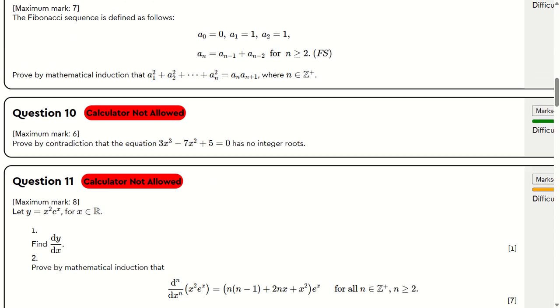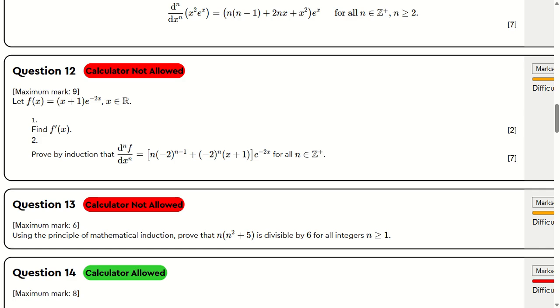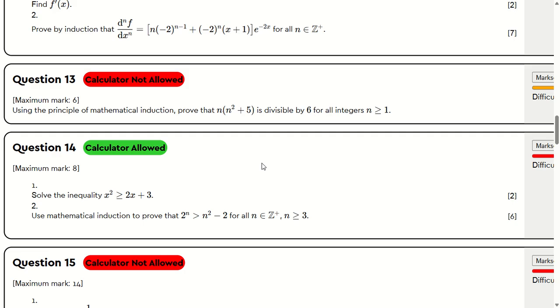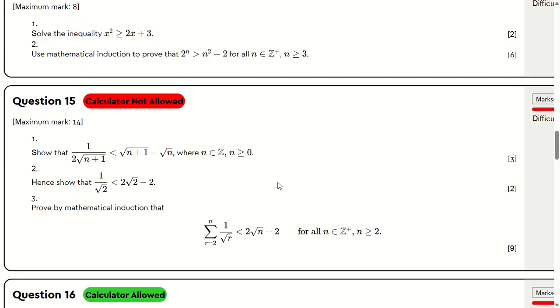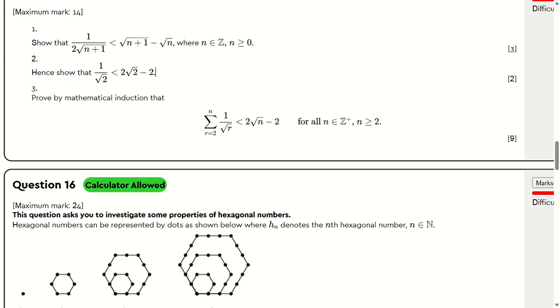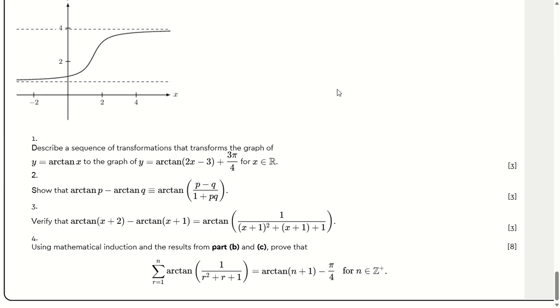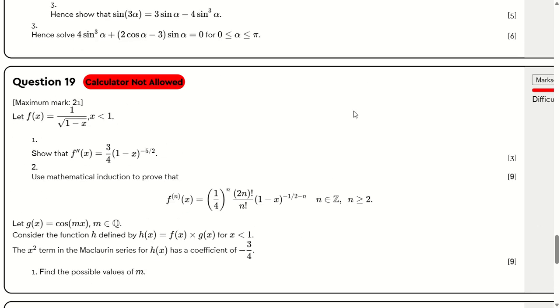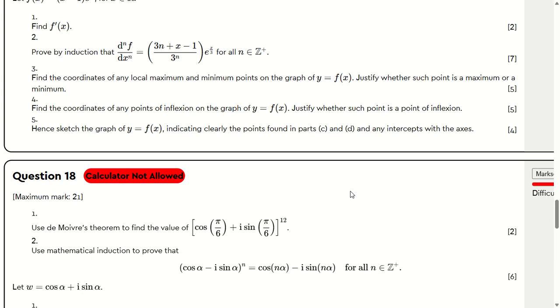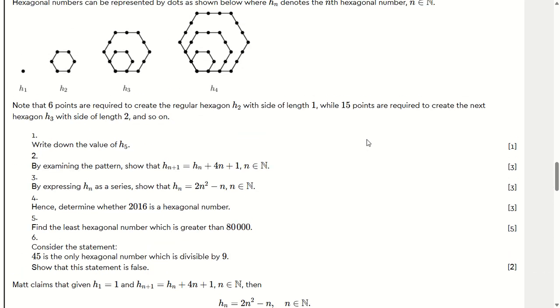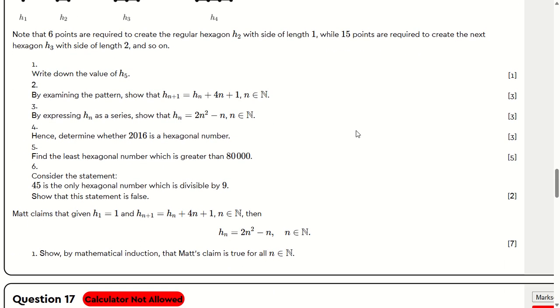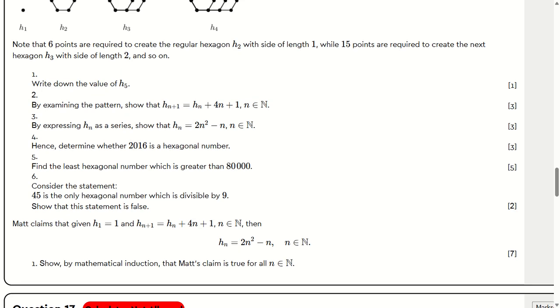Now, is there any other? Basically, this type of problem is for paper 1, since here you don't need to use calculator. Yeah, for paper 1.